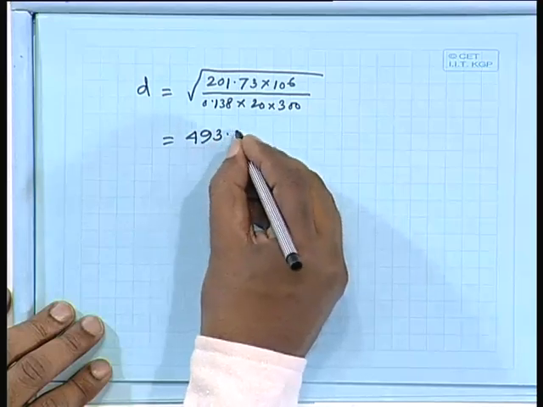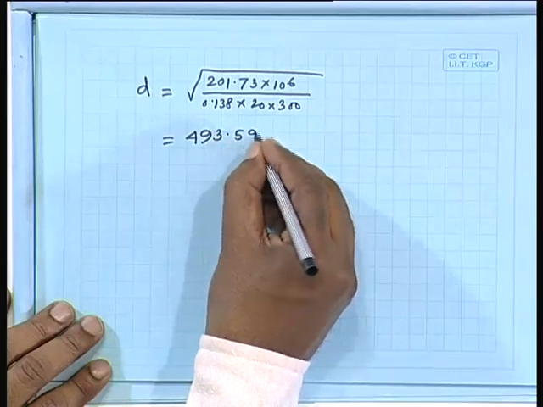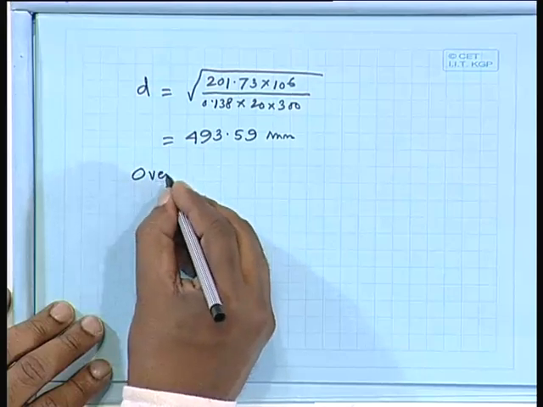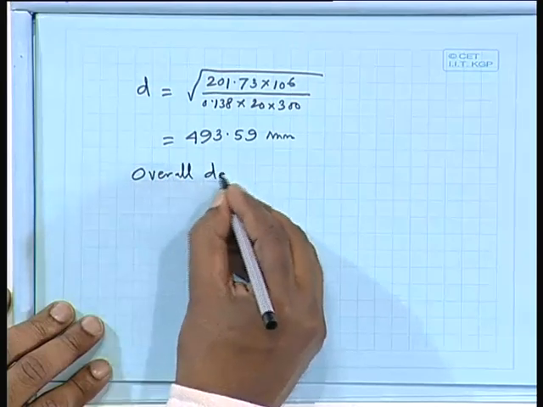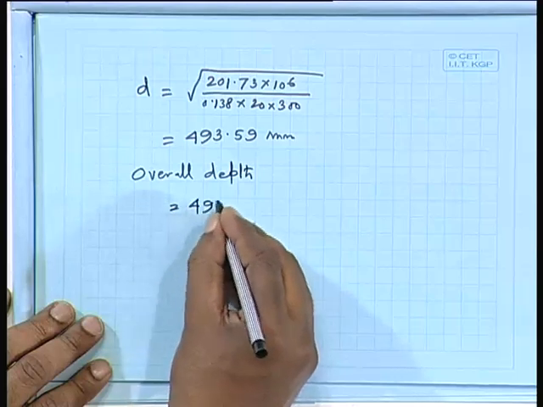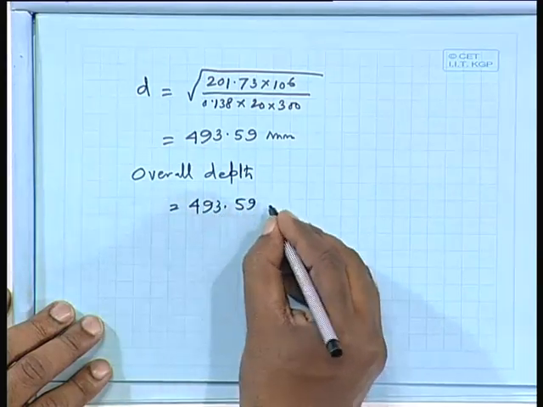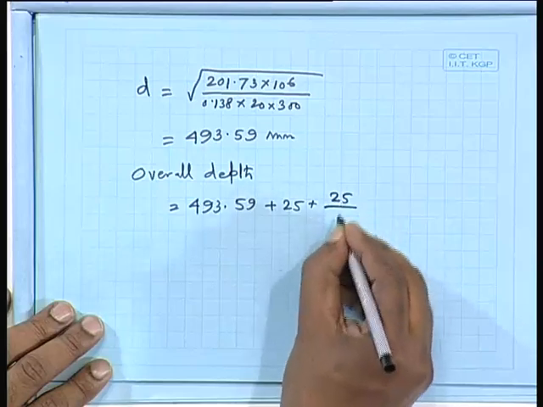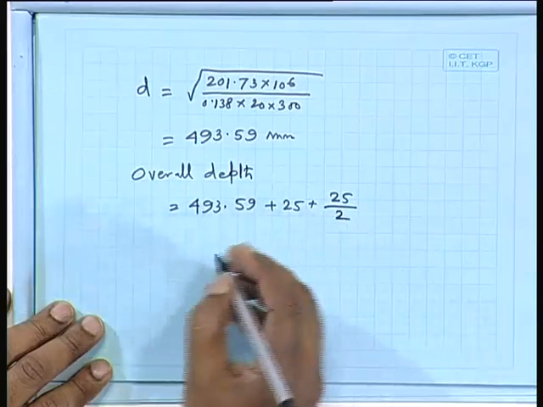So you see that it is 493 millimeter only. Overall depth: 493.59 plus 25. Let us still take a 25 millimeter dia bar that we shall provide.